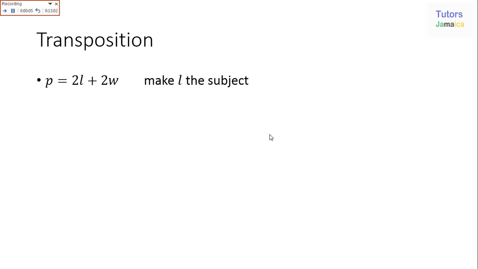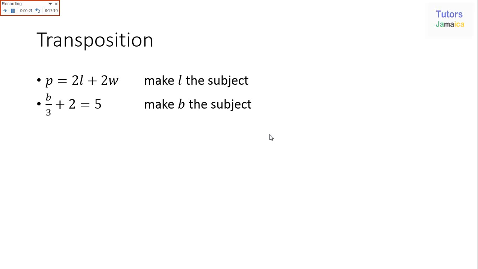We're about to look at some more examples. As you'll see them come on screen now. P equals 2L plus 2W, and we're going to make L the subject of the formula.